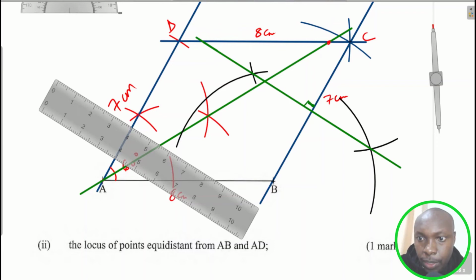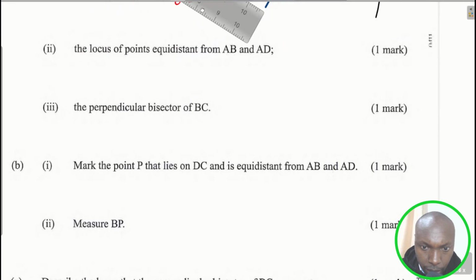This is point P. It lies on DC, between AD and AB, along that angle bisector that we constructed. Now after locating that point, there's something else that we need to do here. Let me go to the other one.